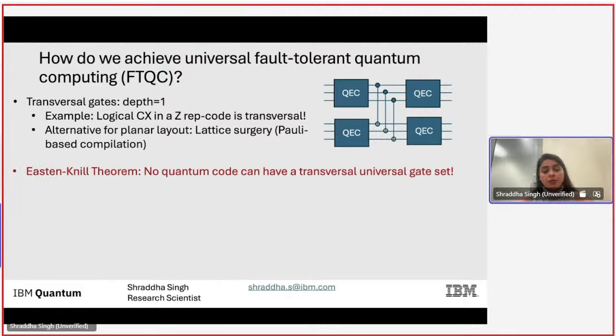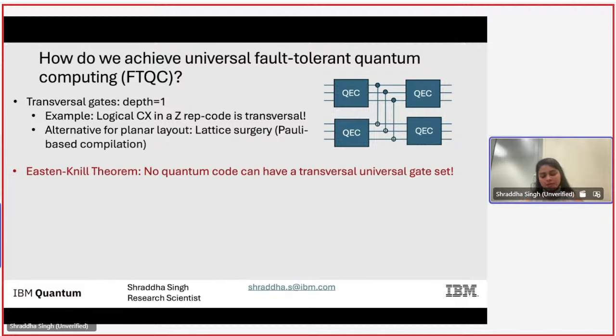Now, the problem is the Eastin-Knill theorem tells us that no quantum code can have a transversal universal set of gates. That means there will be one gate in your universal set that has to be non-transversal.